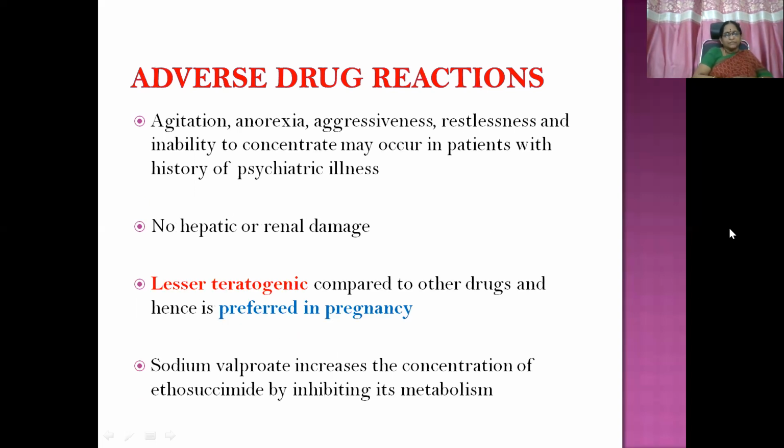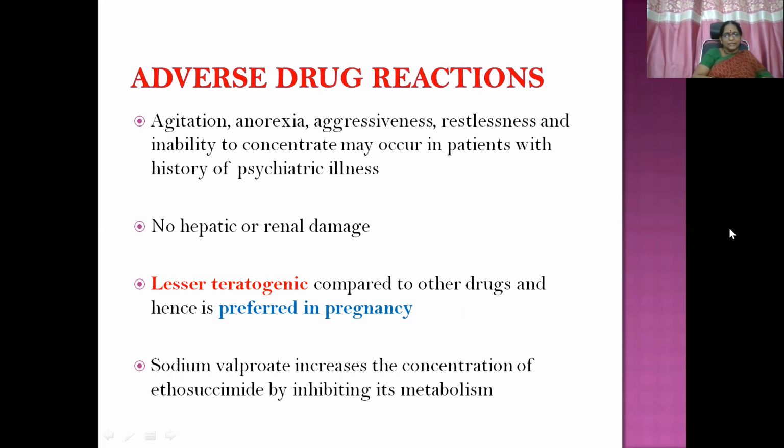Then CNS manifestations like agitation, anorexia, aggressiveness, restlessness, and inability to concentrate may occur in patients with a history of psychiatric illness. No hepatic or renal damage, and it is a less teratogenic molecule than carbamazepine.